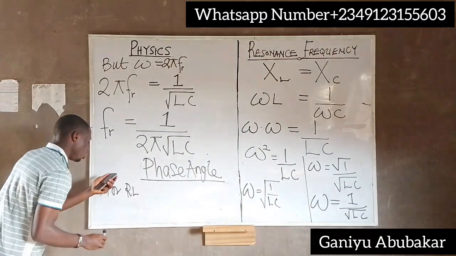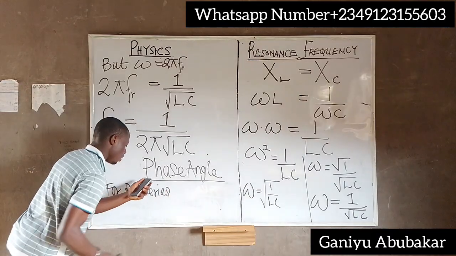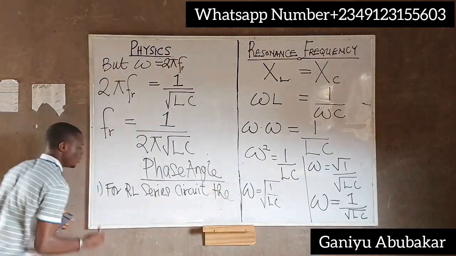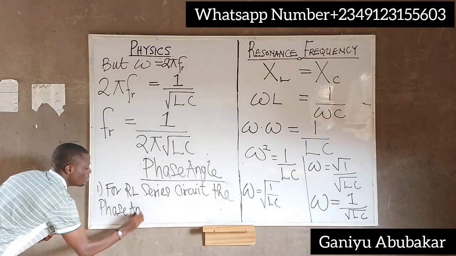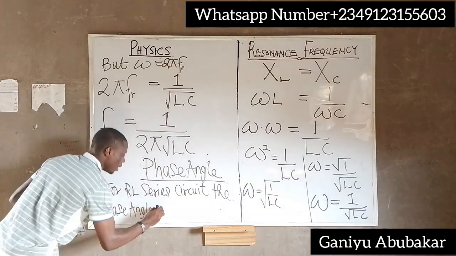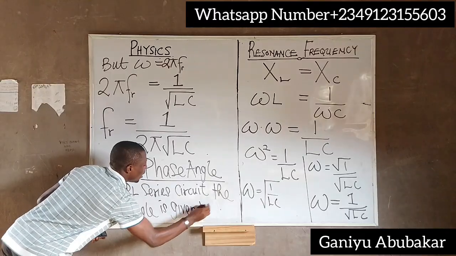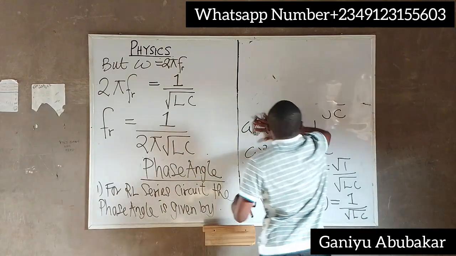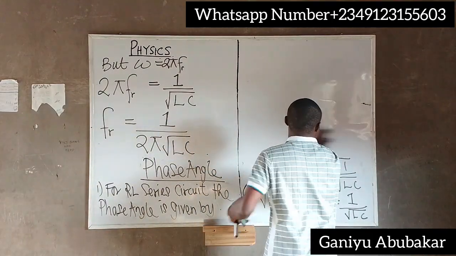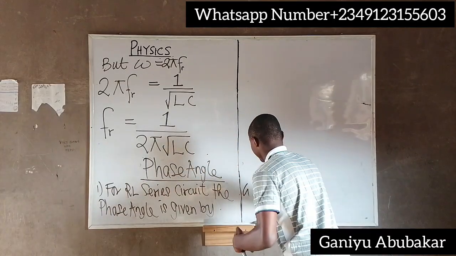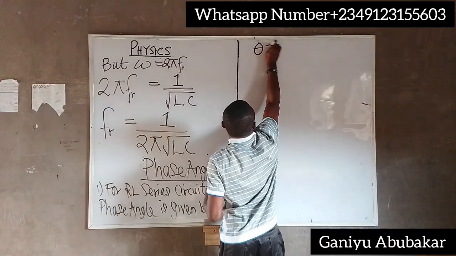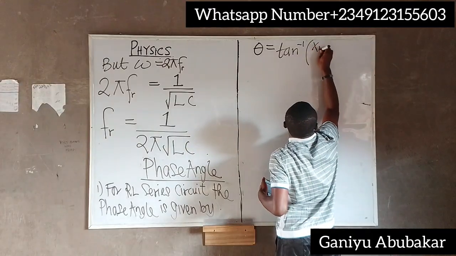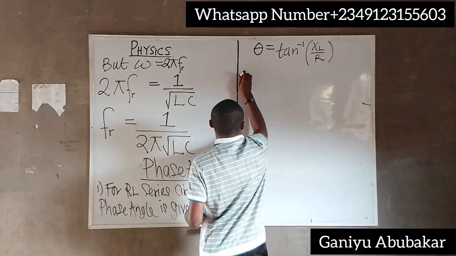For RL resistor inductor series circuit, the phase angle is given by, on the board, theta is equal to tan inverse of XL over R.